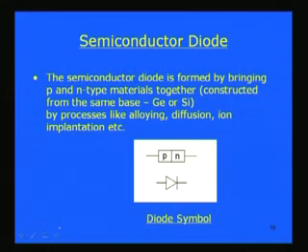So, this PN junction actually is the backbone of the semiconductor diode. A semiconductor diode is formed by bringing the P type and N type materials together. Whatever we have been discussing till now, basically this PN junction forms the diode. This diode is formed by special processes, because just mechanically bringing P and N together will not serve the purpose.